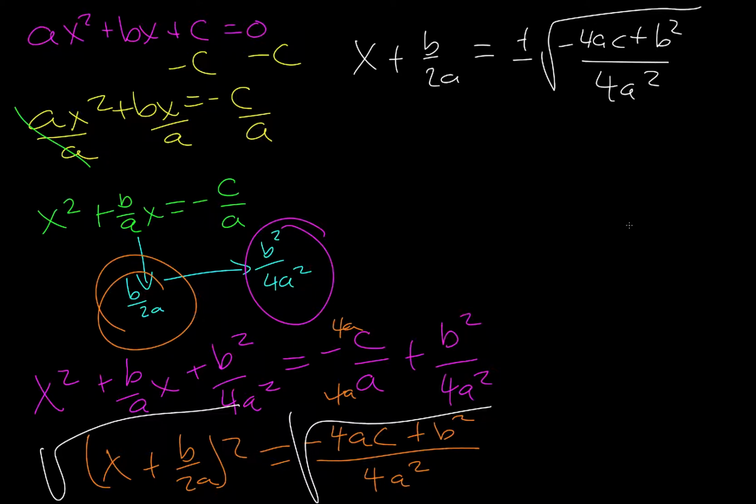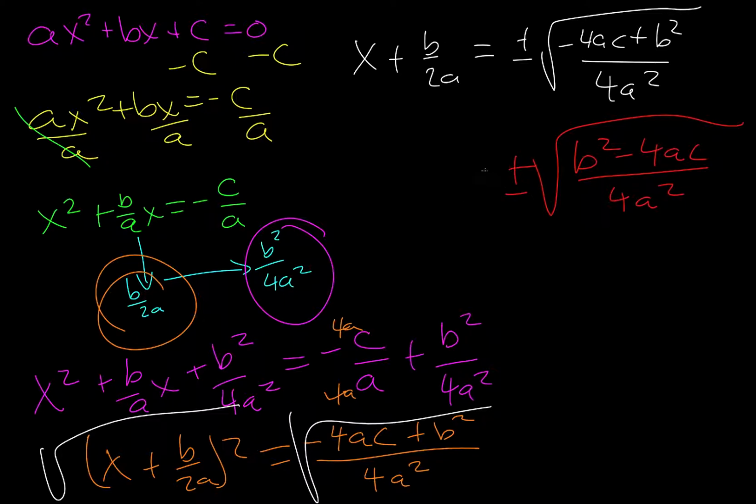Before I move on, I'm going to just switch the top. So I'm just going to say b squared minus 4ac, because that should be familiar to you if you've done the quadratic formula. That's the correct order.